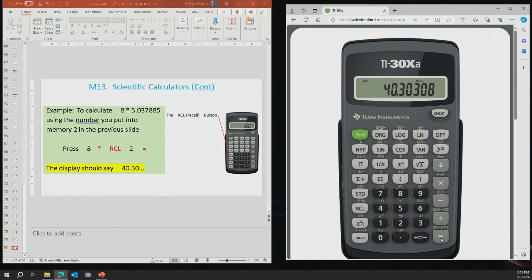This is in blue, so that means you don't need to use your memory buttons and how to store and then recall those numbers, but it's very, very handy to be able to do that when you're doing stuff in lab.